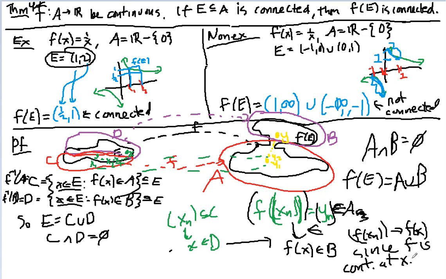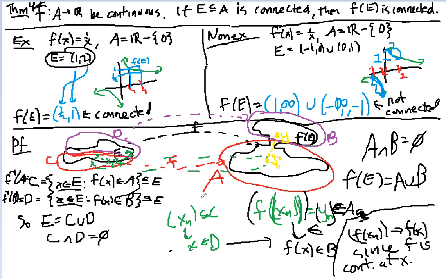It's continuous everywhere, so in particular it's continuous at x. So that's just a basic thing about continuity. A function is continuous at a point x if every single sequence that converges to x has the property that f of that sequence converges to f of x. So that's the basic fact about continuity.